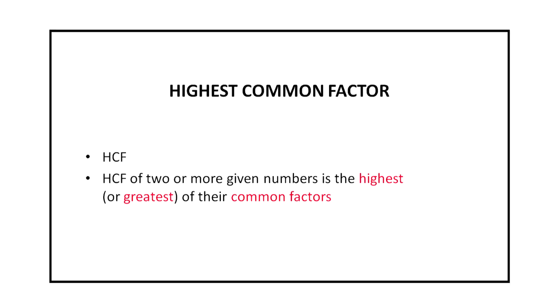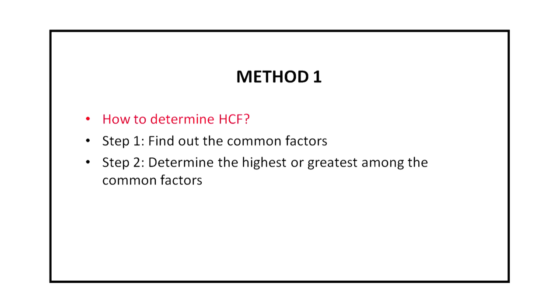So, we have one more thing to do. Find out the factor that is highest or greatest among the common factors, and this will help in the determination of the highest common factor. Method 1. There are different methods to determine HCF. Step 1.